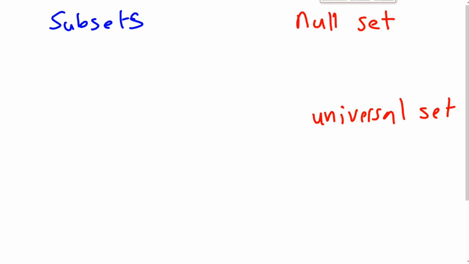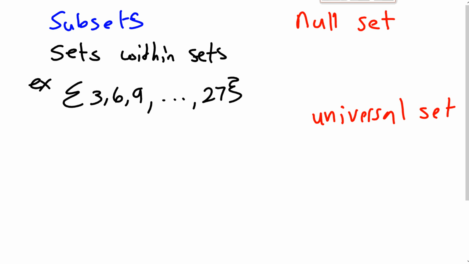Subsets are sets within sets. Here's an example: the set {3, 6, 9, ..., 27}. That's a finite set. The pattern is going by threes, but it does end there. A subset is shown with this symbol, a little c with a line underneath.